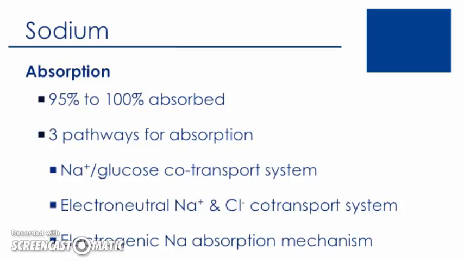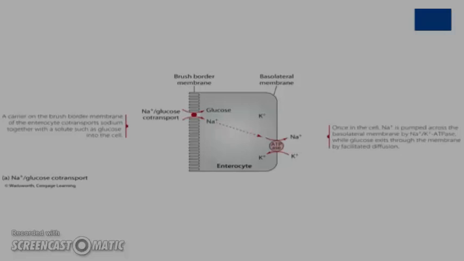Then we have the electroneutral sodium and chloride co-transport system, so sodium and chloride having a concurrent absorption mechanism. And then lastly, the electrogenic sodium absorption mechanism. We're going to review each of these 3 pathways of absorption.